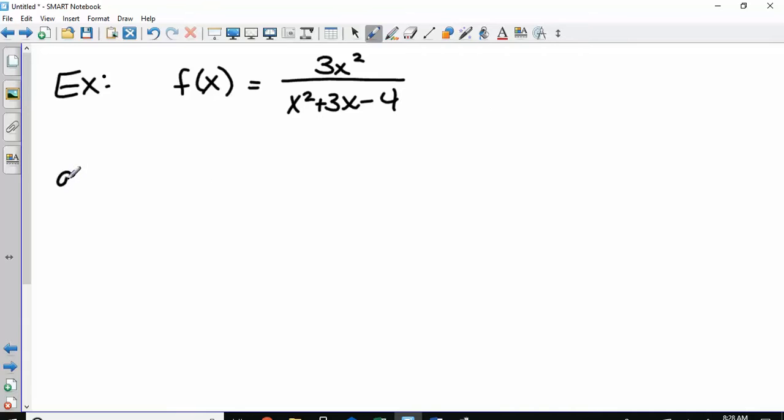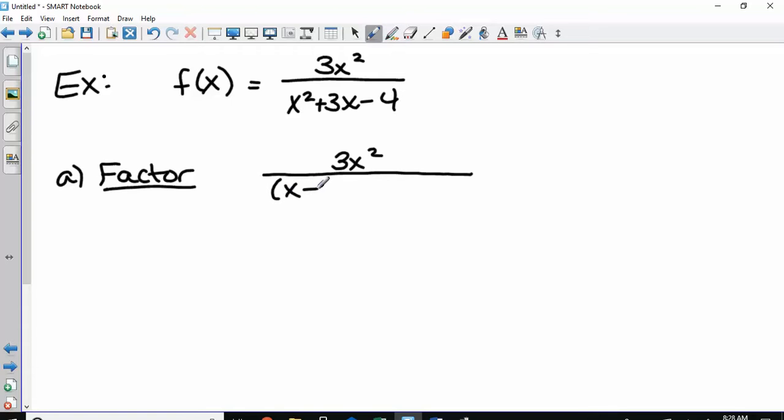So I would say, factor the numerator and denominator if possible. Can you factor 3x squared? Not really, so let's just leave it. What would you do on the bottom? x minus 1, x plus 4. Okay, so that's your first step.